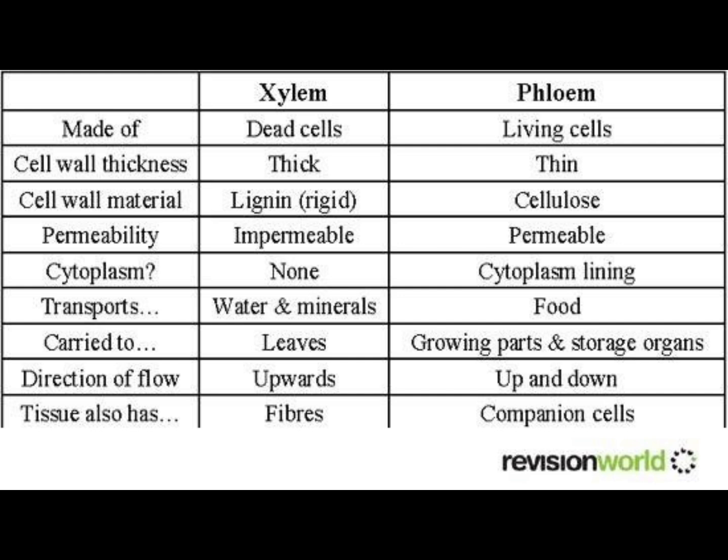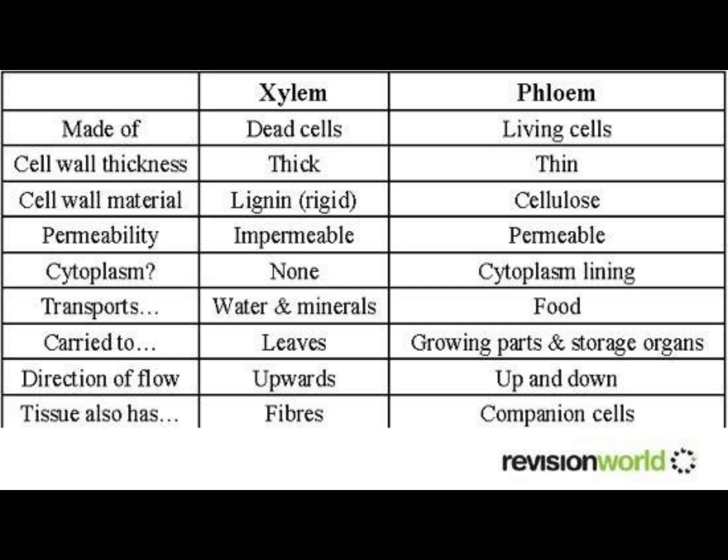We are going to look at the cell wall thickness. The xylem is thick, while the phloem is thin. We need also to look at the cell wall material. The cell wall material for xylem is lignin, which is rigid, and that one for phloem is cellulose.